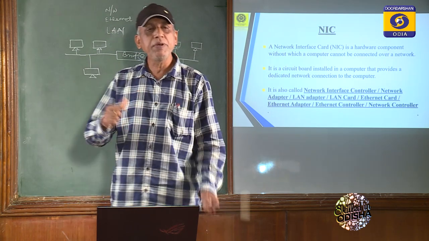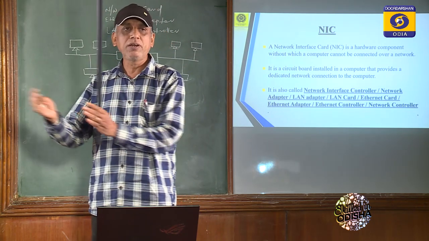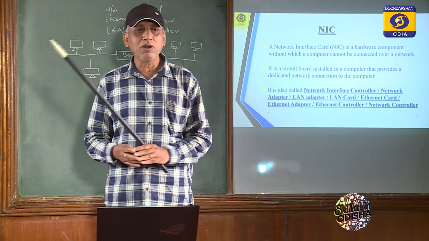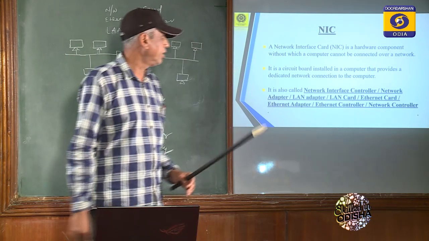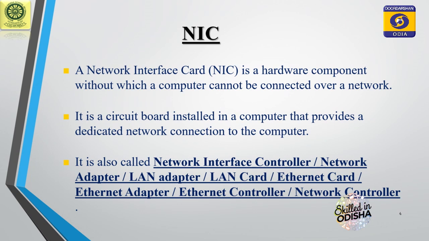A network may be a computer, another computer, or more than one computer, or it may be a LAN or the internet. So what is a NIC? A NIC is an electronic circuit board installed in a computer that provides a dedicated network connection to the computer.